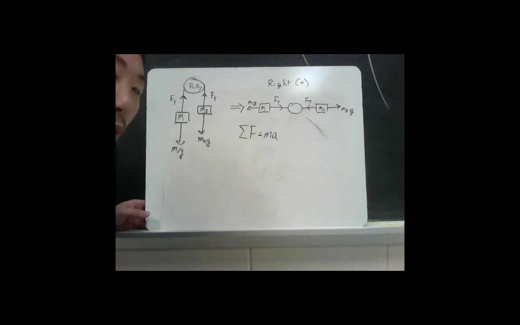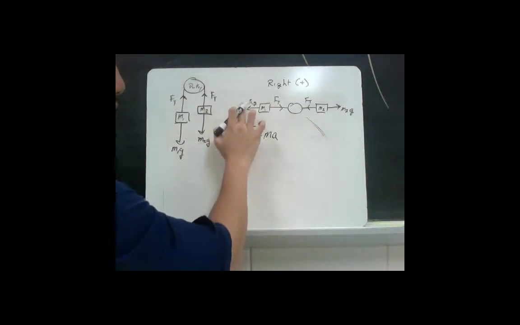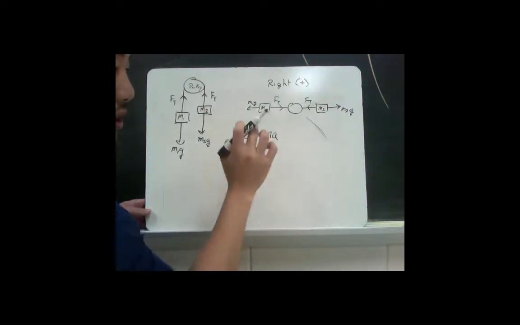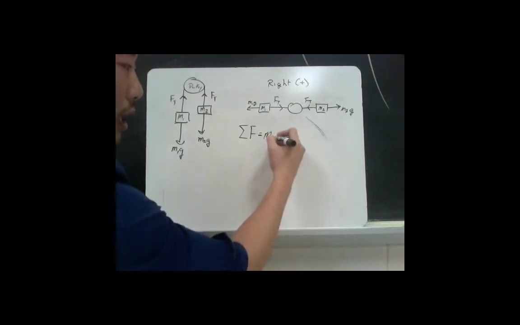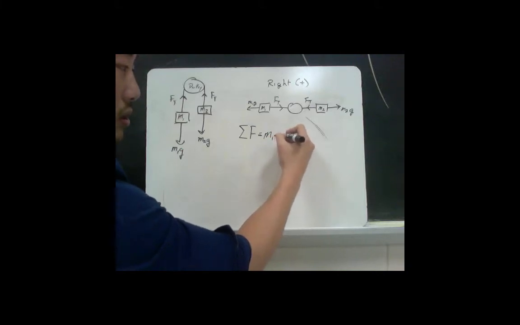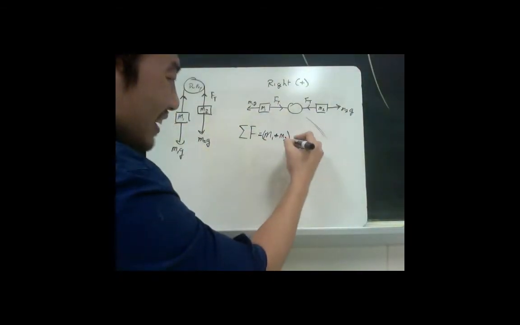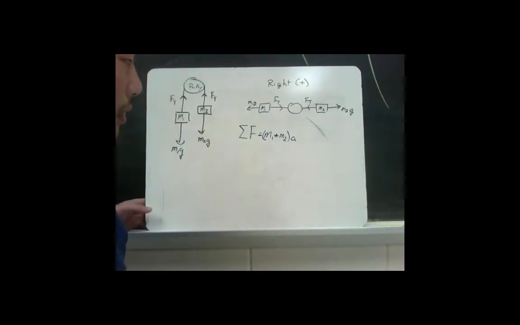But now we're dealing with more than one object. Because we're dealing with more than one object within this system, we have to take that into account. So instead of just ma, it would be m1 plus m2 times a.